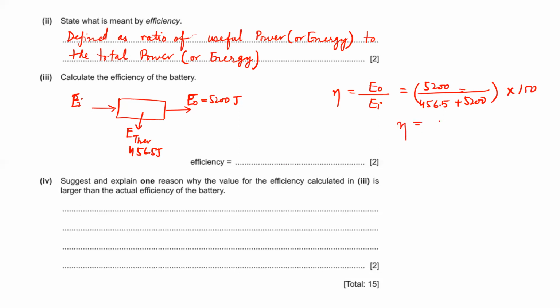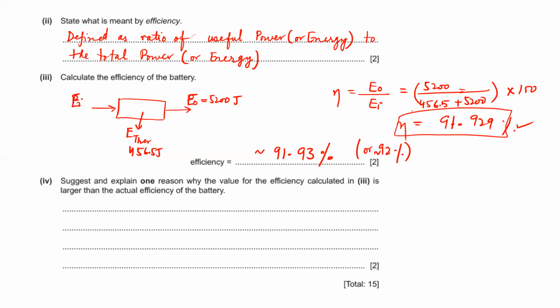So the efficiency turns out to be approximately 91.929%, so approximately 91.93%. You can write it as 91.93, or you can say 92%. But it's always good to go up to 3 significant figures. This is the best way of writing it.